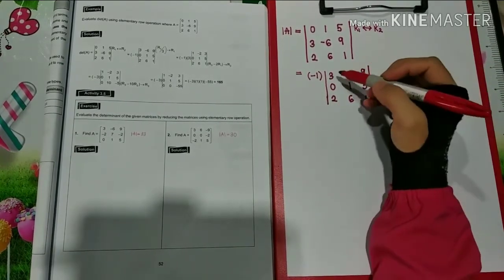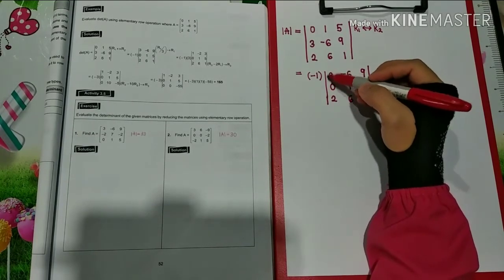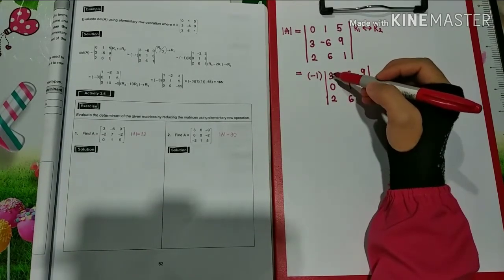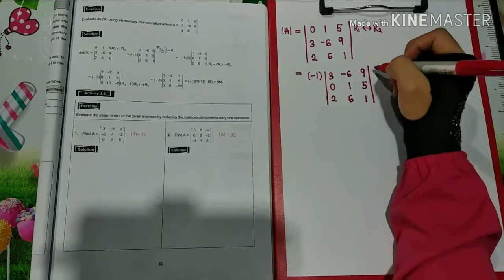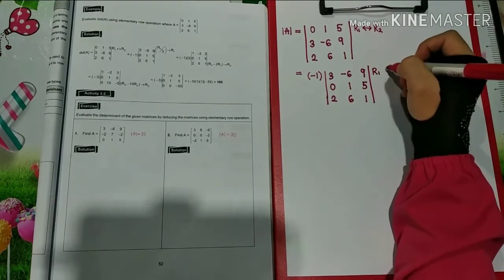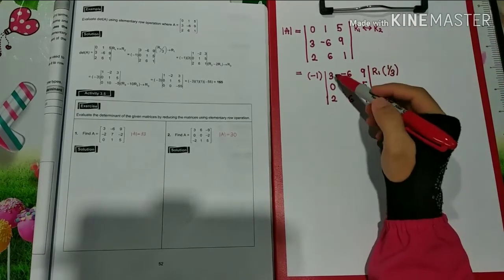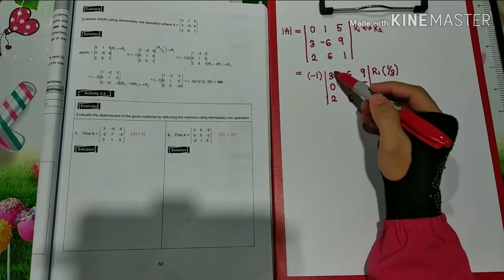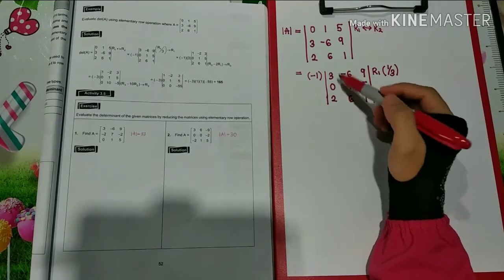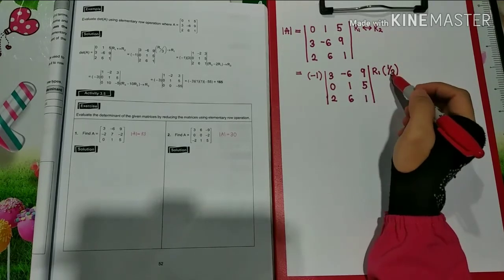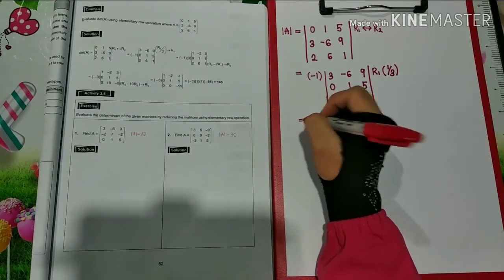Next, this entry here, we change to 1. So what you need to do here is multiply R1 with 1/3, because we want to find the leading one for this column. So what happens to the determinant?